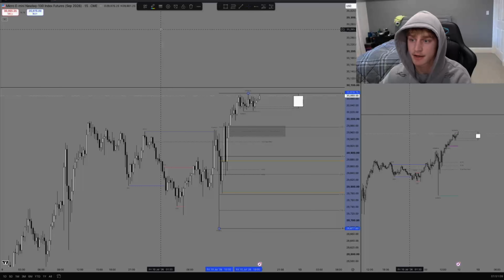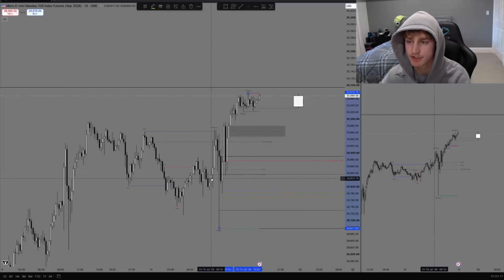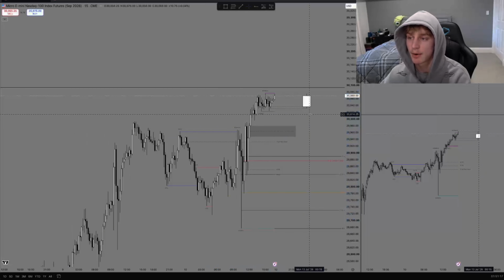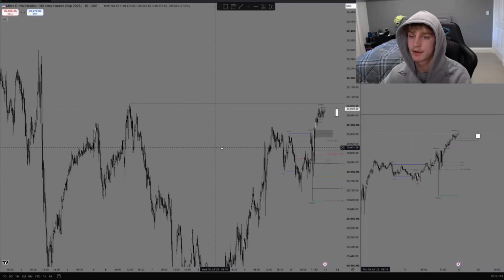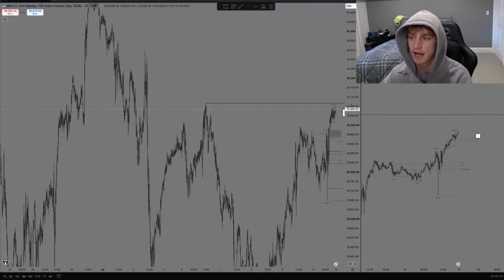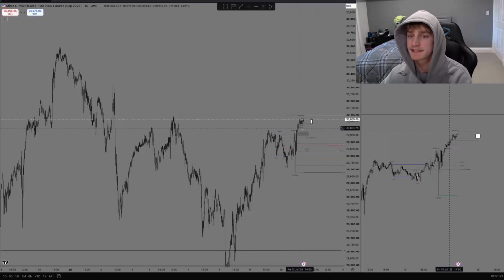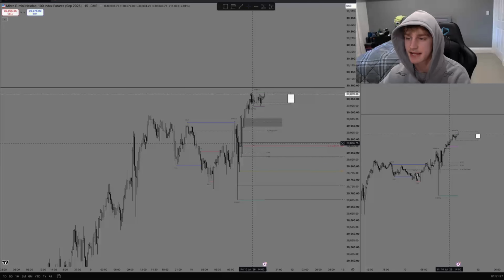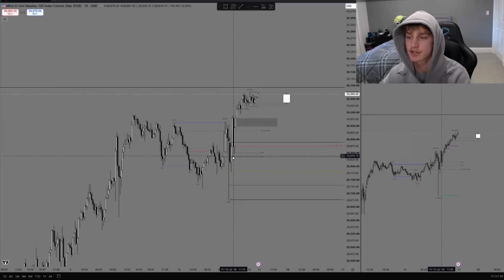So our discount array would actually be the rejection block rather than this unmitigated gap, because this unmitigated gap is our premium array. However, because we are on the buy side of the curve and we could be starting to fulfill second stage redistribution, you can't always expect as deep of a retracement as into this rejection block.